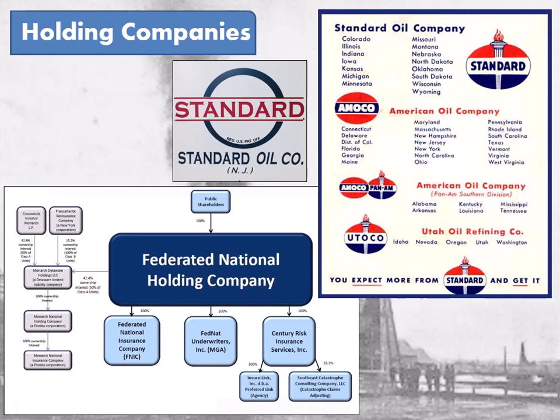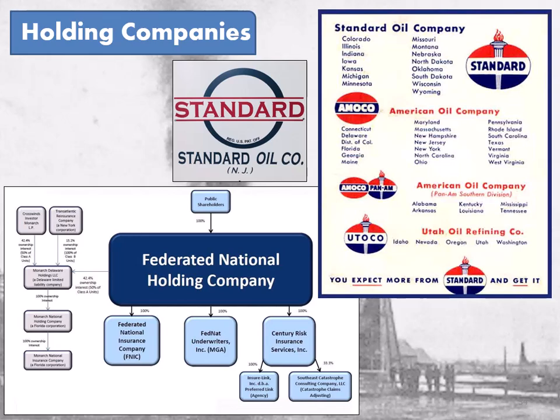What the trust did was create this legal fiction that the trust could control and manage assets in different states without actually owning them, because to outright own those assets, they would have to be incorporated in multiple different states. So the key idea of the trust is this controlling or managing without outright owning.